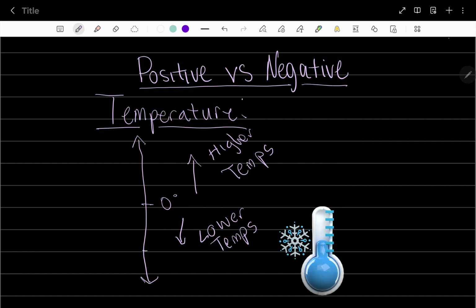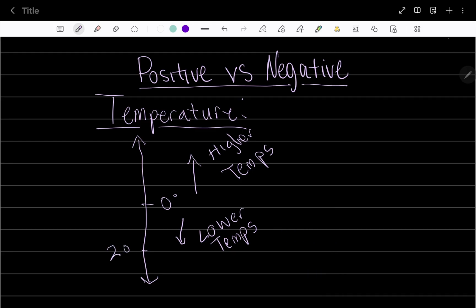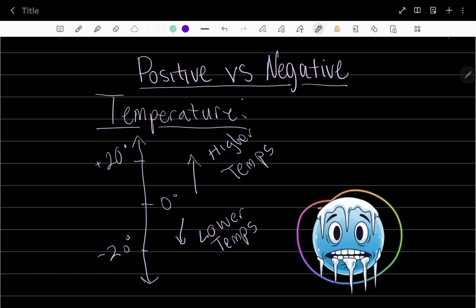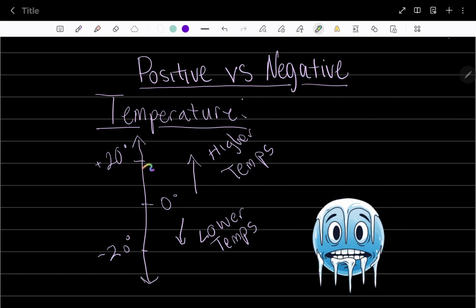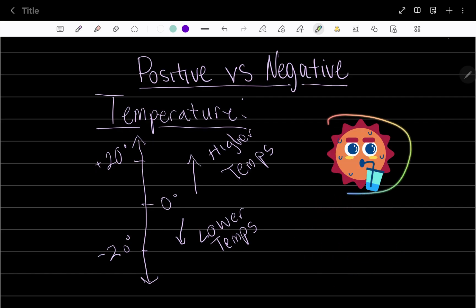So these are negative degrees, negative 20, let's say positive 20. So with degrees, you can have negative where it's freezing, or you can have positive where it's hot.